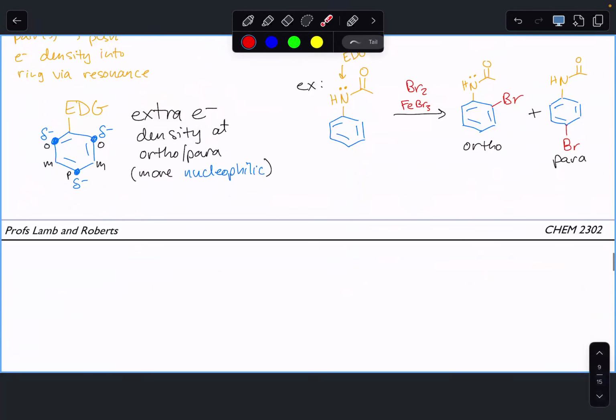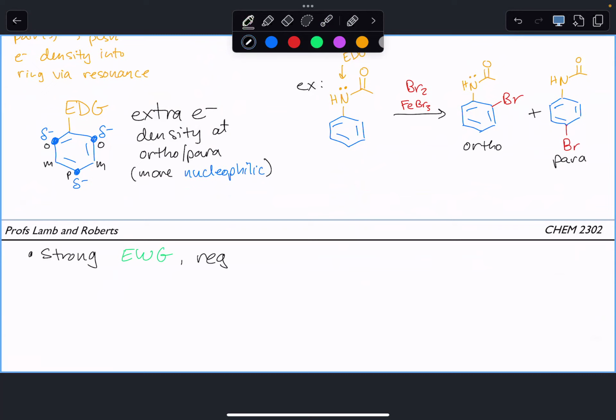So now let's talk about electron withdrawing. So now we're going to do strong electron withdrawing groups. Again, we'll talk about regioselectivity first. This is section 13.13.